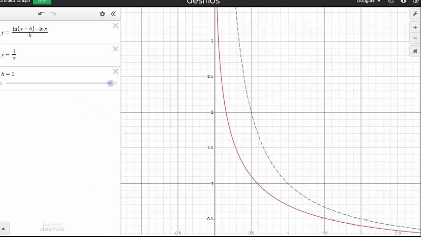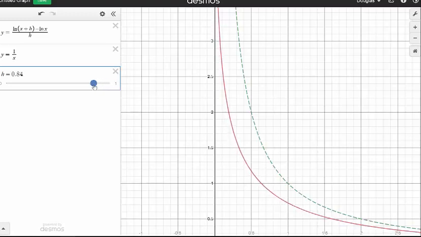All right, so you can see I've graphed the limit that we're looking at right here. And I've also graphed what I've proposed is the derivative of the natural log of x, 1 over x. And for h, I've placed a slider here going from 0 to 1. And we're going to see what happens to this function as h gets closer and closer to 0.